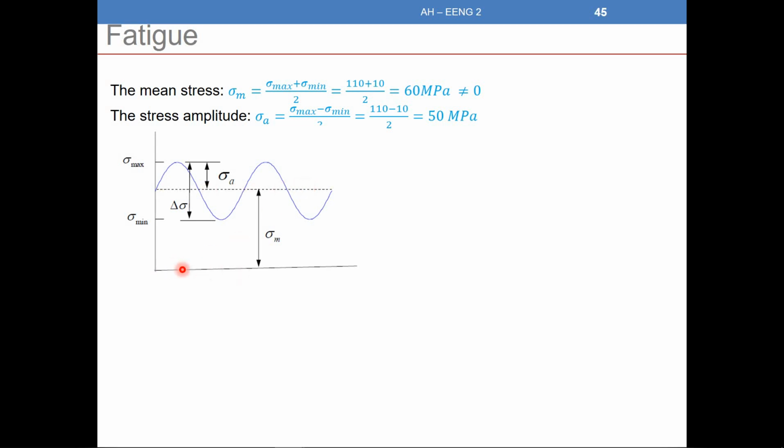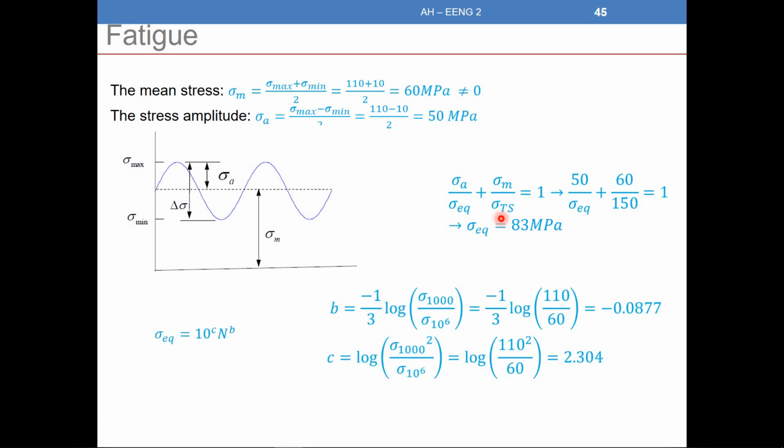That means I cannot use directly sigma equal to 10 power c n power b. So we calculate the stress amplitude, which is sigma max minus sigma min over 2, so it is equal to 50 megapascal. I calculate the equivalent stress using this formula: 50 over sigma equivalent plus 60, the mean stress, over sigma ts equal to 1. I find the equivalent stress, and now for this one I can use 10 power c n power b.